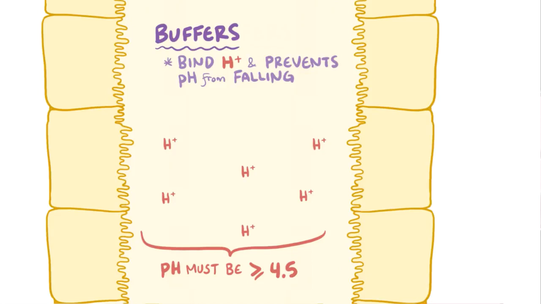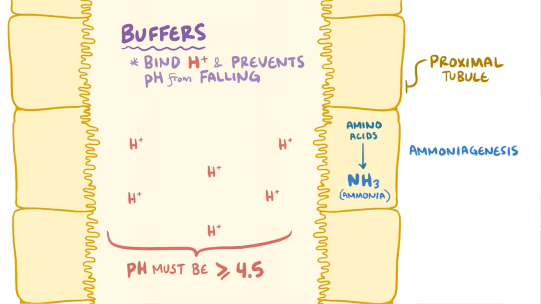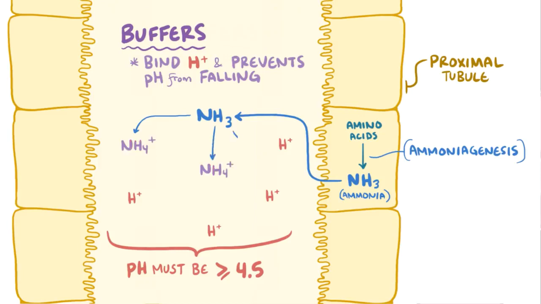The most important is the ammonia buffer system, in which the kidneys use a process called ammoniogenesis. Ammoniogenesis starts when the proximal convoluted tubule cells break down amino acids like glutamine into ammonia, or NH3. The ammonia is lipid soluble, so it diffuses freely into the tubule, where it combines with a hydrogen ion to form an ammonium ion, or NH4+.